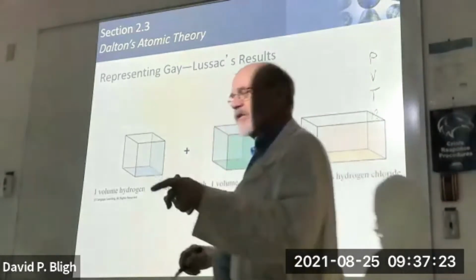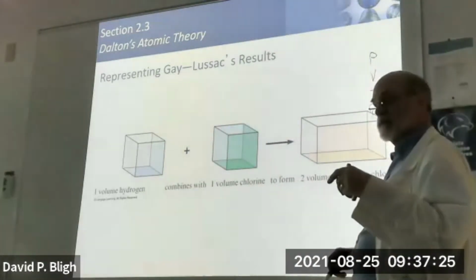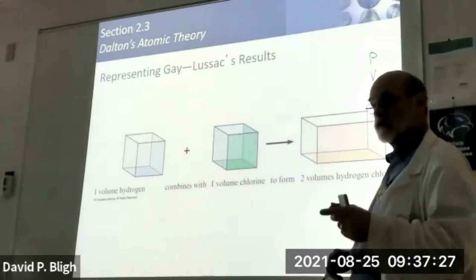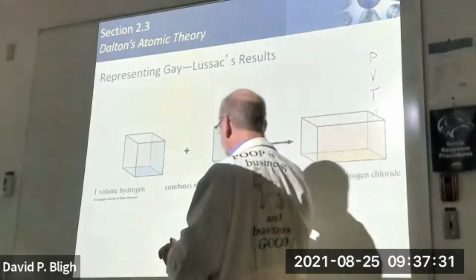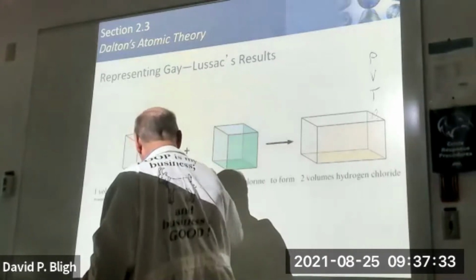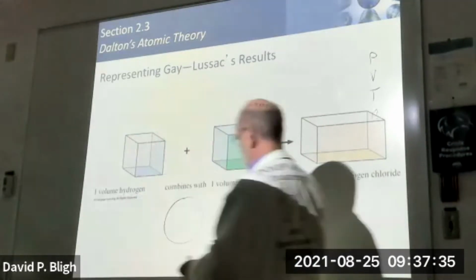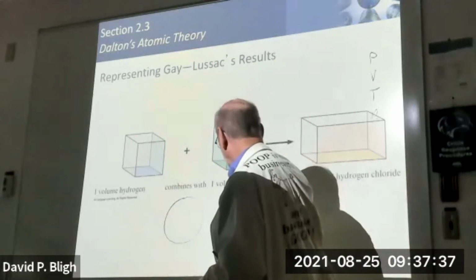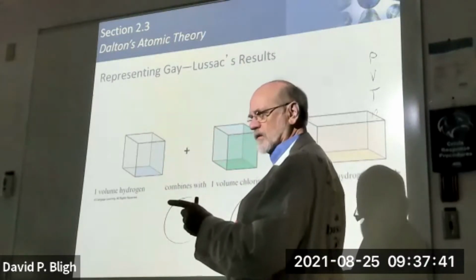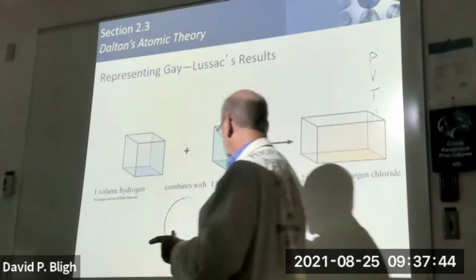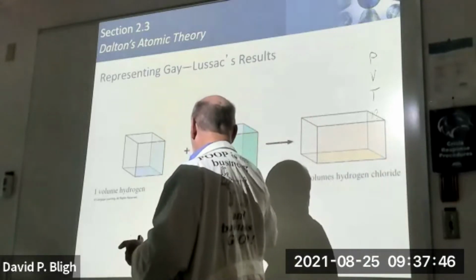Okay, so Avogadro had presented this to Cannizzaro, and Cannizzaro ran with it. He said that if you have a volume of gas here, that's not working, 2 milliliters, is it? And a volume of gas here, those volumes are equal. Okay, so this volume is equal to that volume.